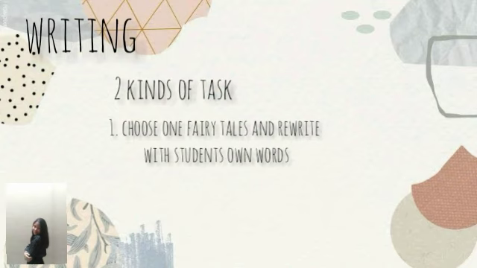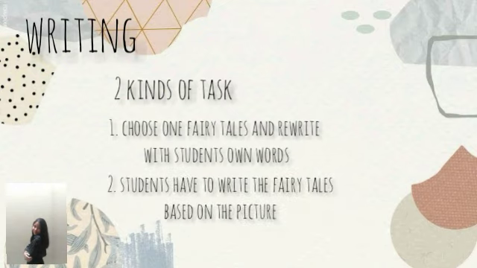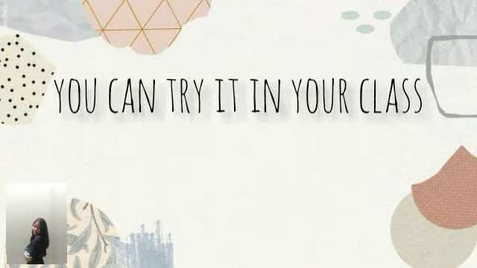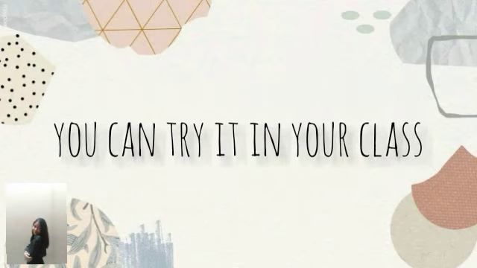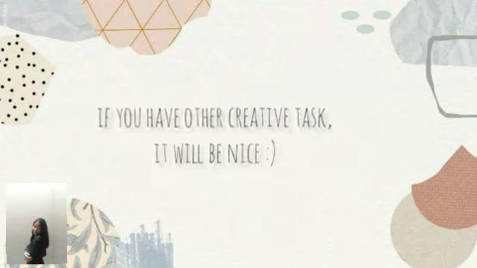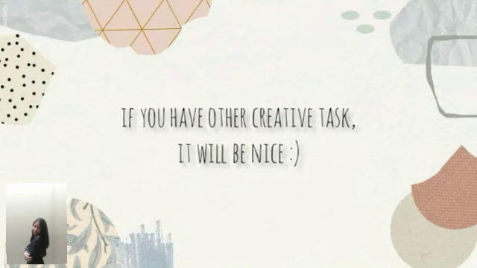After that, they read it in front of the class. Second, the students write down a fairy tale story based on the picture that the teacher has prepared. You can make it with your group. As a teacher, you can make the exercise like I told you before, or if you have creative tasks, it will be nice.